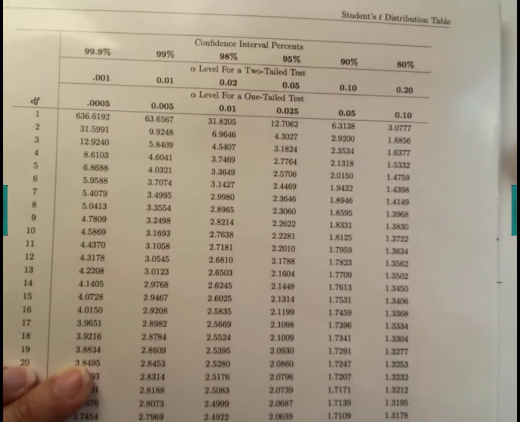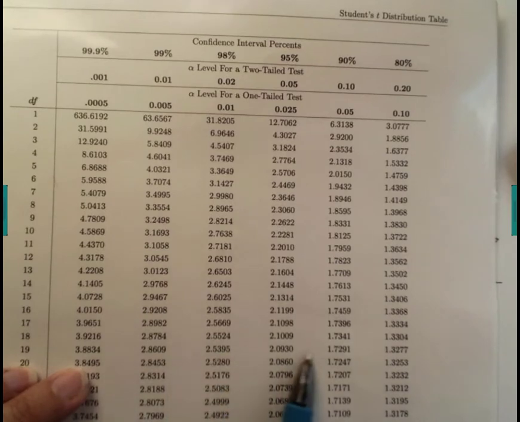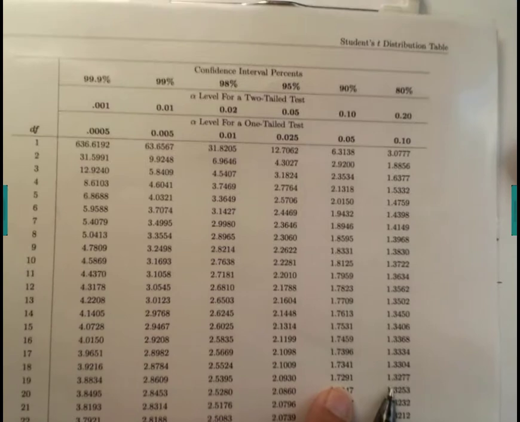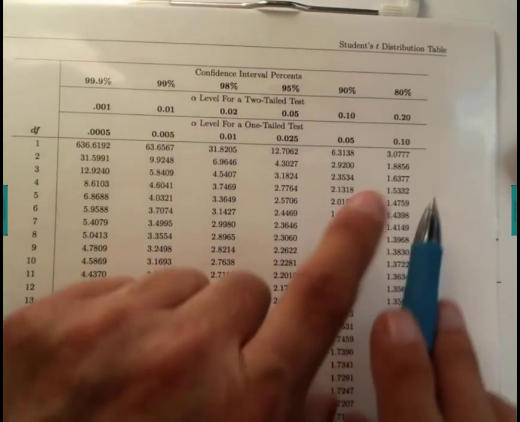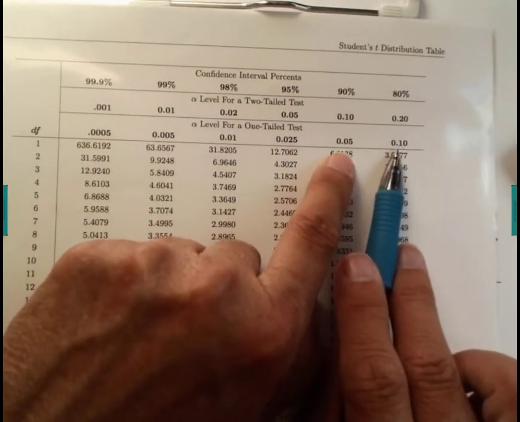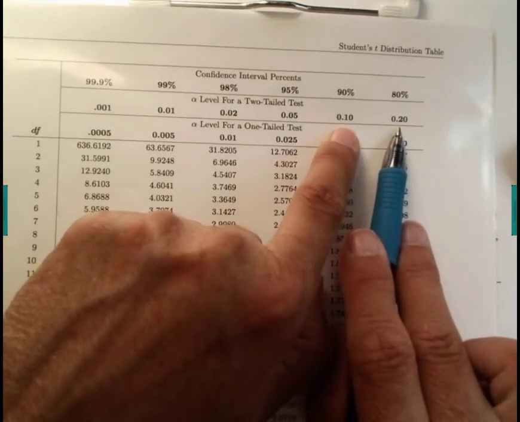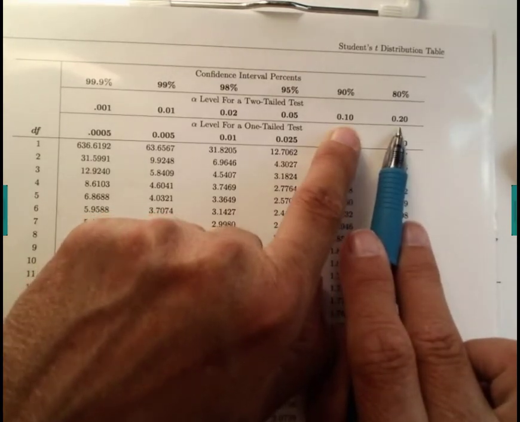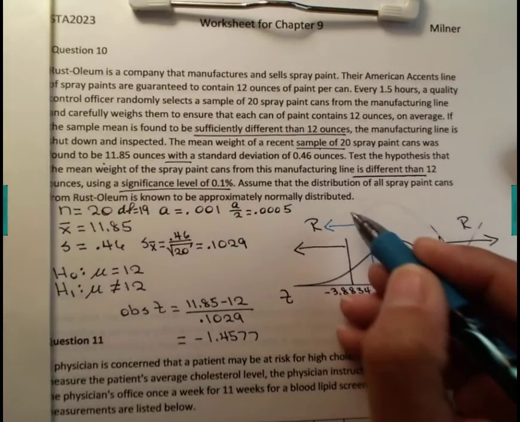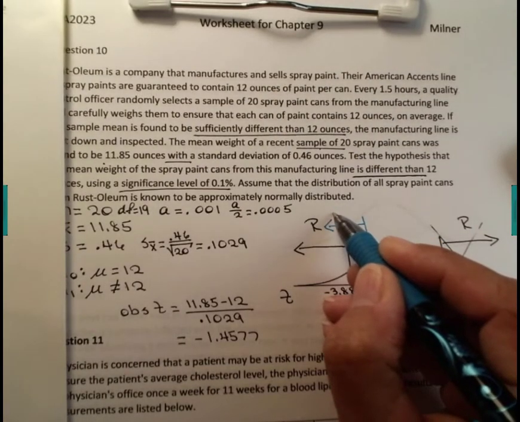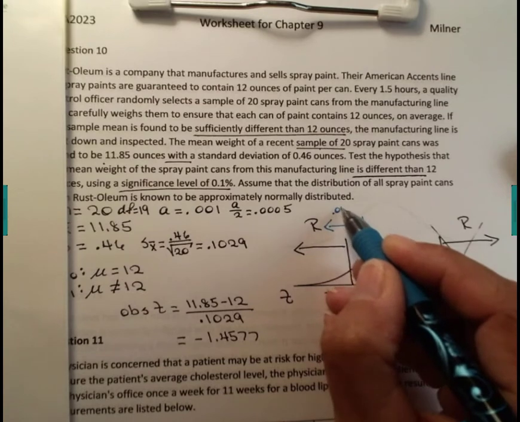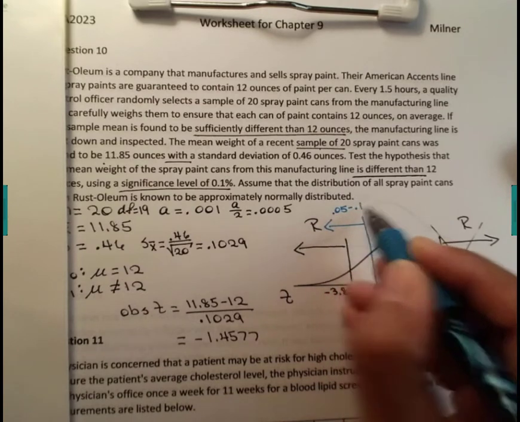Just ignore the negatives for this table. And when I find it, it's going to be right between these two columns. So I go up to the top of those last two columns, and I say this is the area for a one-tailed test. This is actually a two-tailed test, so I can go up here and say between 0.1 and 0.2. Now, this area is going to be between 0.05 and 0.1, right?